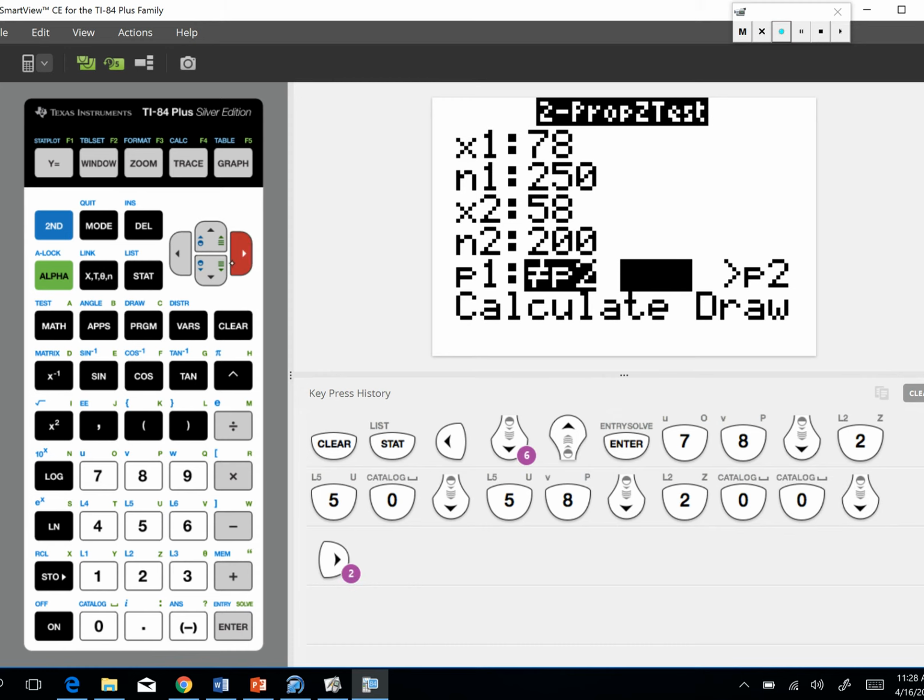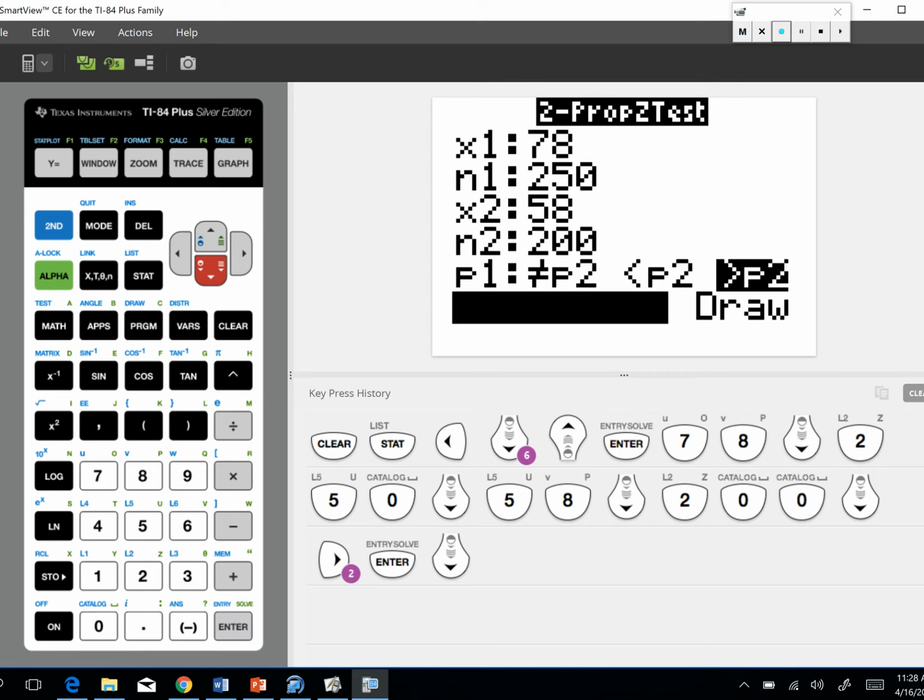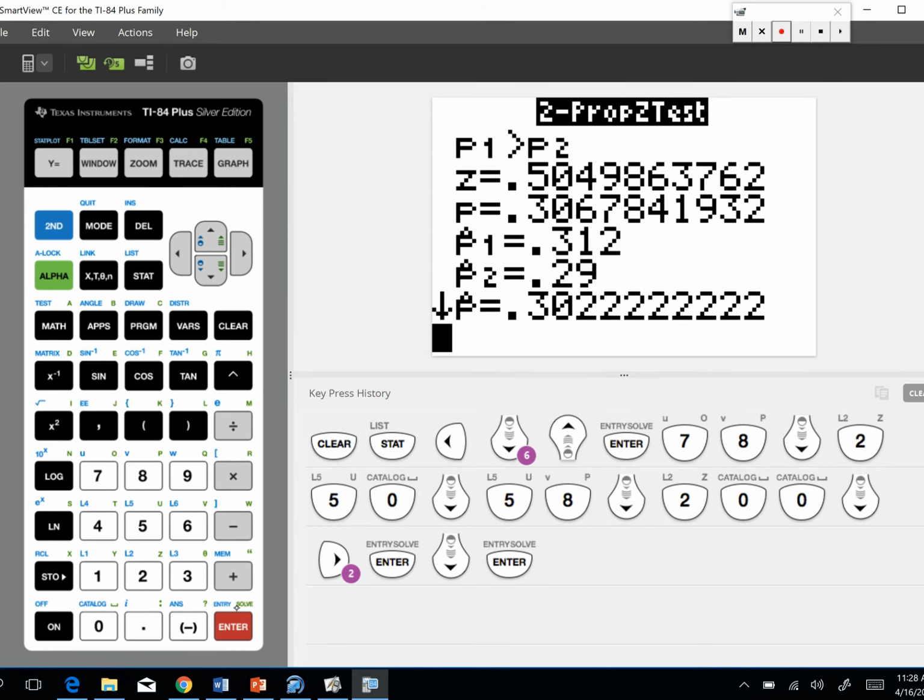We want to show that p1 is greater than p sub 2. There's all of our values. Now I know you might be thinking, but Miss Golly, the p-value was different than what we found. And it will be, because the calculator will not round its z-value to the nearest hundredth to find the p-value.